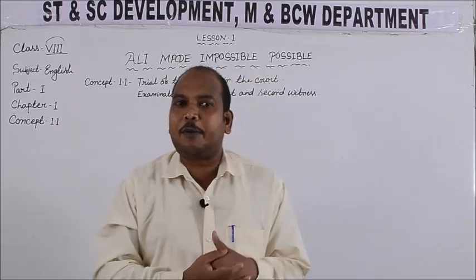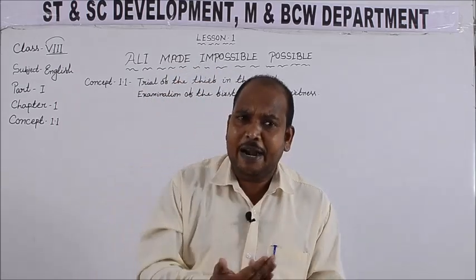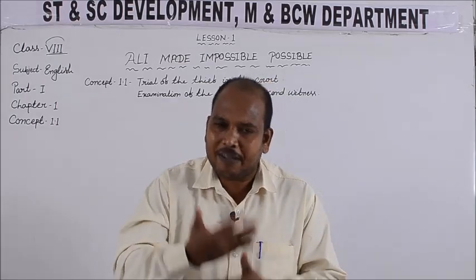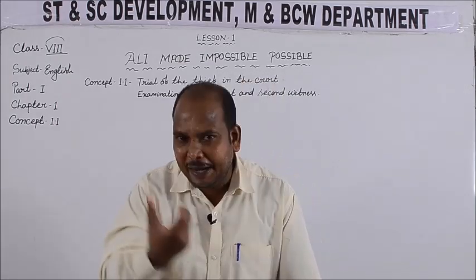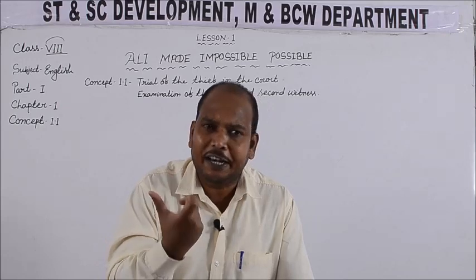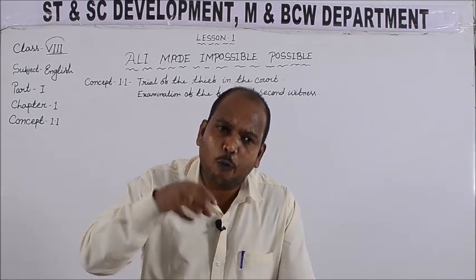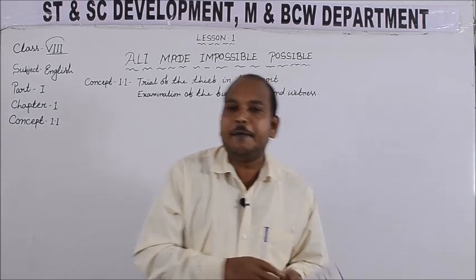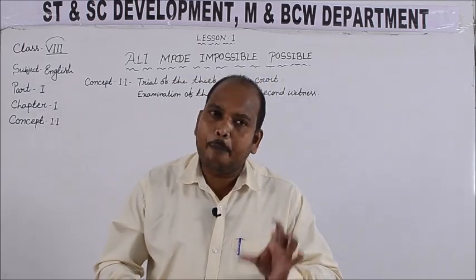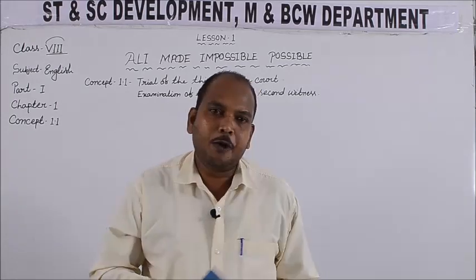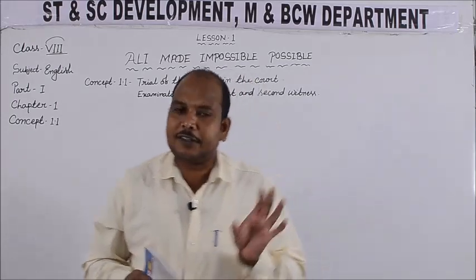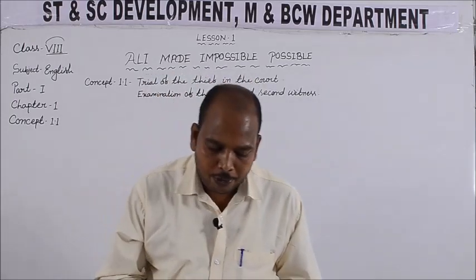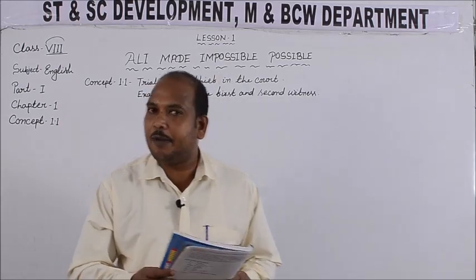Let us read the chapter and see how Ali made the impossible possible by helping his lawyer as a witness to win a lost case. Today I am reading sense group paragraph 1 and paragraph 2. We will discuss the theme of these paragraphs.